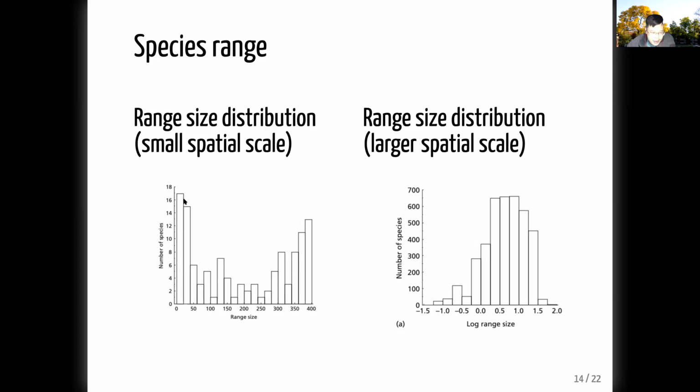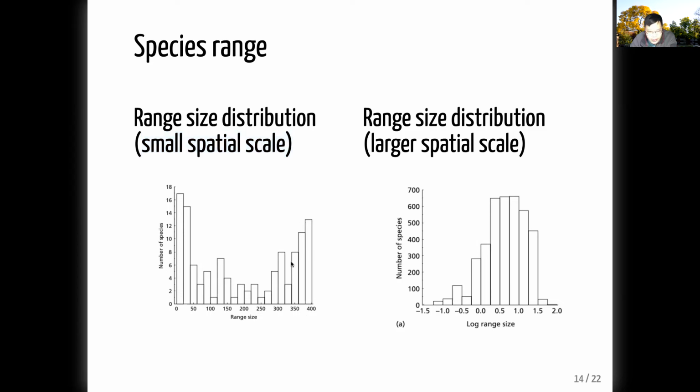So we have lots of species that are widely distributed across the small area, and we also have lots of species that are only observed in a small part of the small area.